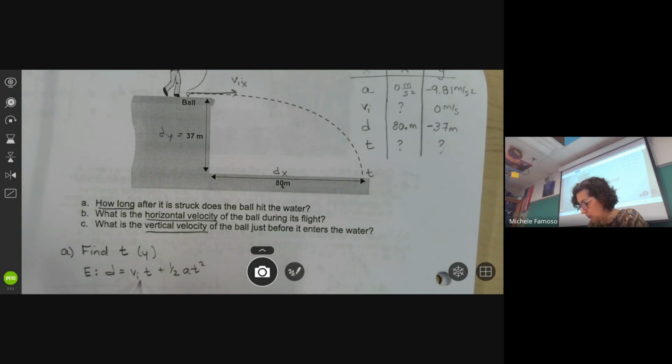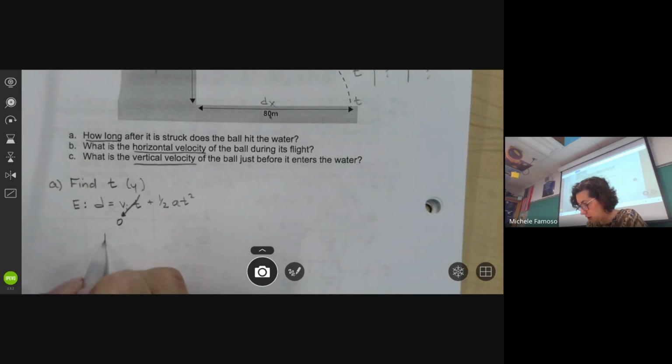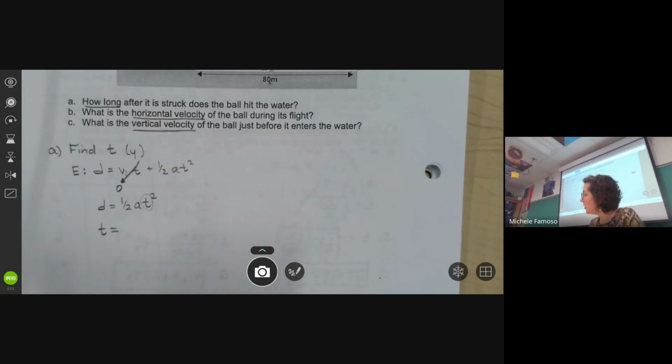Yep. And in the Y direction, the VI is 0, so that's going to drop out, leaving us with D is 1/2 AT squared. So if I solve that for the time, Miriam, what equation am I going to end up with for T?